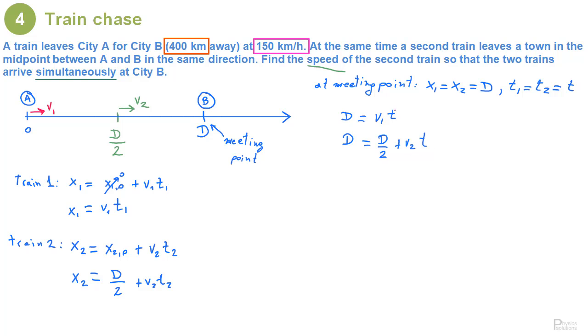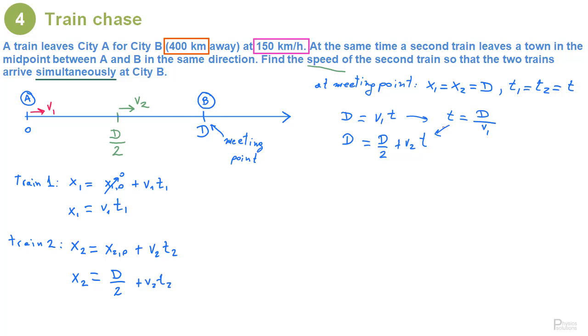So this can be simplified a little bit if we solve for t in the first equation, because we know big D and we know v1. So from this equation, I could simply write that t is given by d divided by v1. And now I can simply replace this quantity here in this equation.